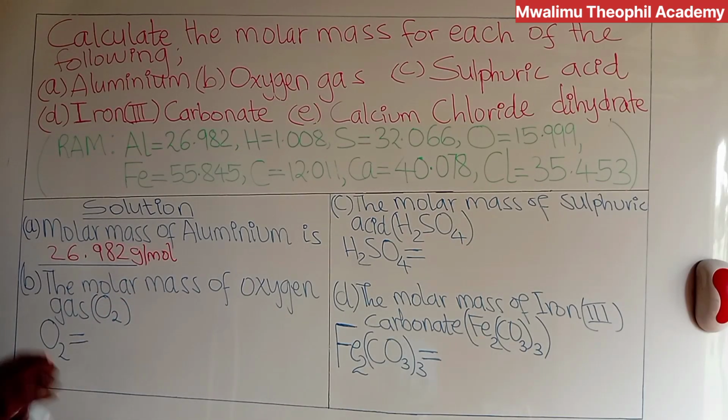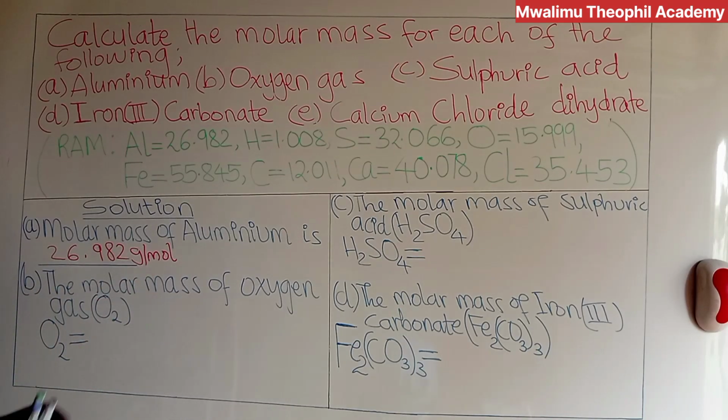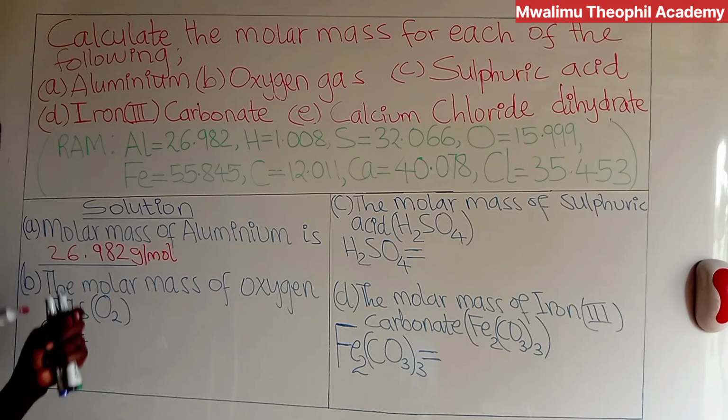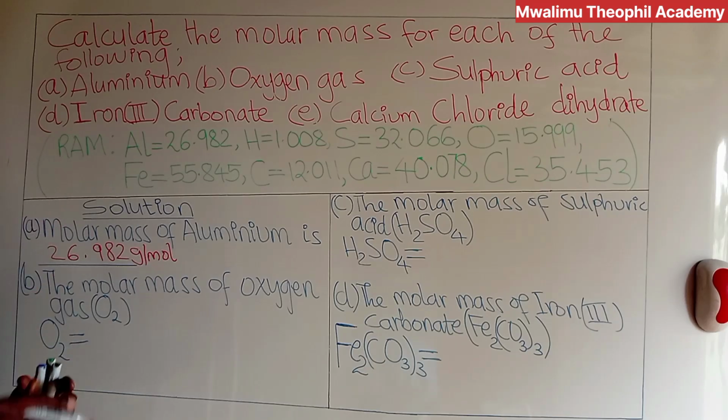The second part, part B, is the molar mass of oxygen gas. How do we find the molar mass of oxygen gas? You have to know that oxygen gas exists as a diatomic molecule. So, it means that oxygen gas has more than one atom.